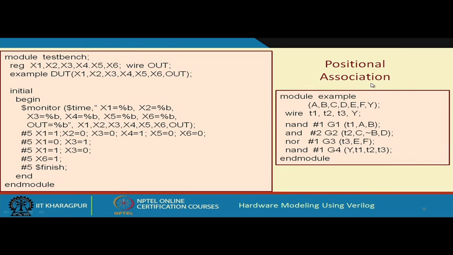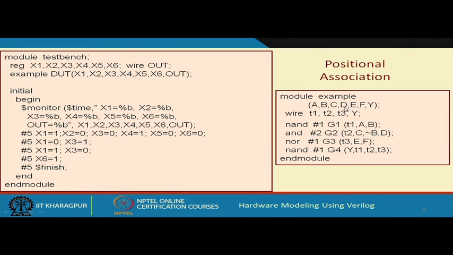First, positional association. Let us take a simple example. We have some module, the name is example, and there are 7 parameters A, B, C, D, E, F, Y. Y is the output and A, B, C, D, E, F are the inputs. Now, inside a test bench, which is also a module, we are instantiating this example, we are calling it DUT, and these are the variable names we are giving.